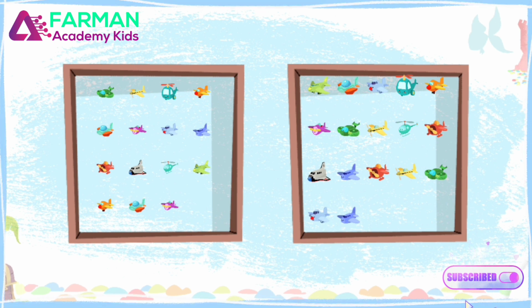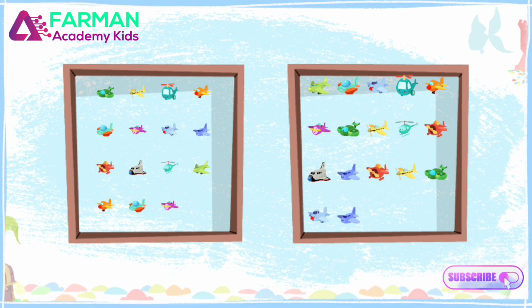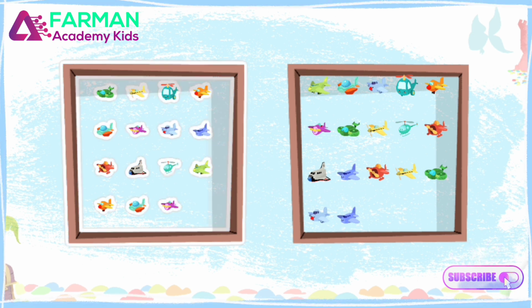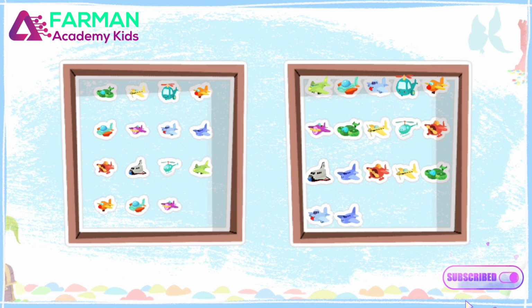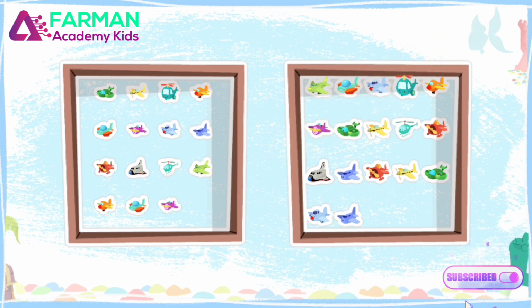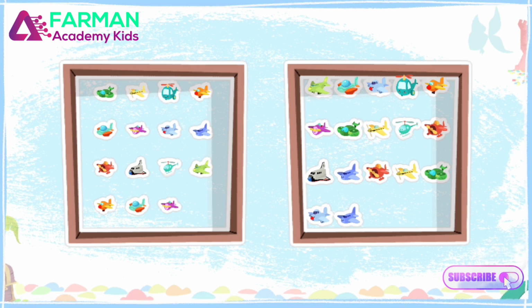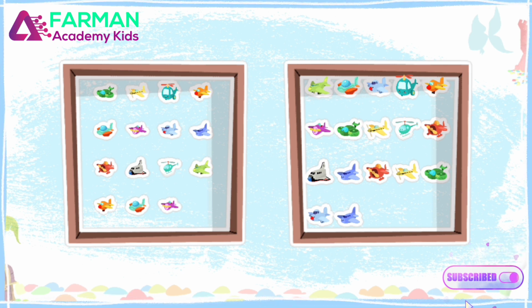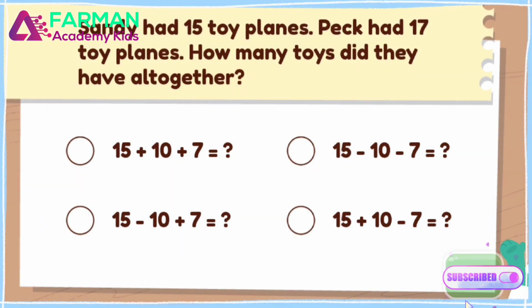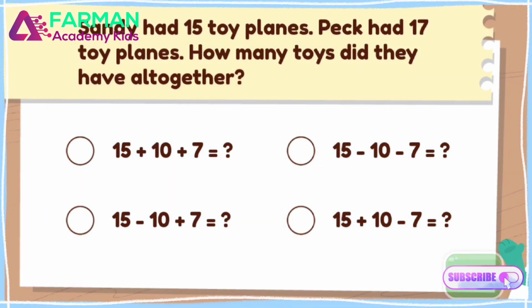We want to solve: how many toys did they have all together? Tap both boxes. 15. 17. Great! Sandy had 15 toy planes. Peck had 17 toy planes. Which equation can we use to solve the problem?